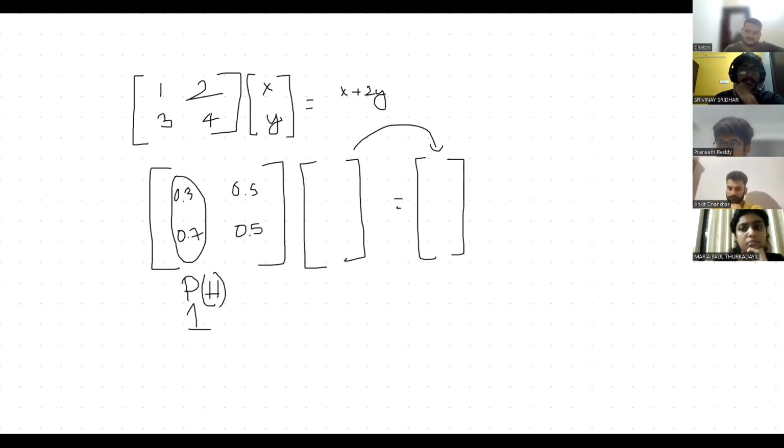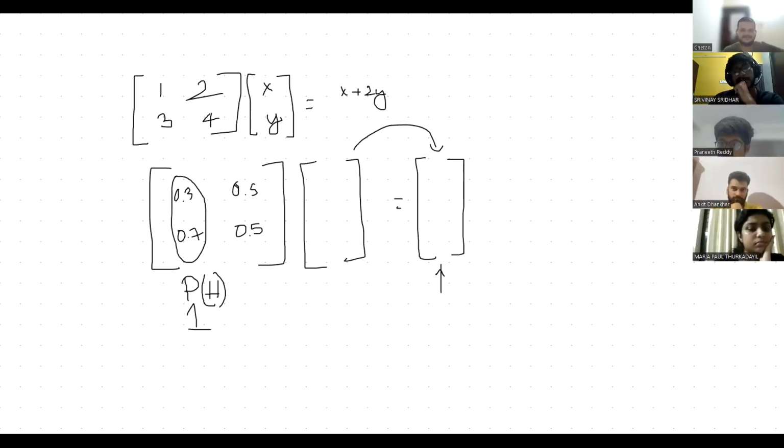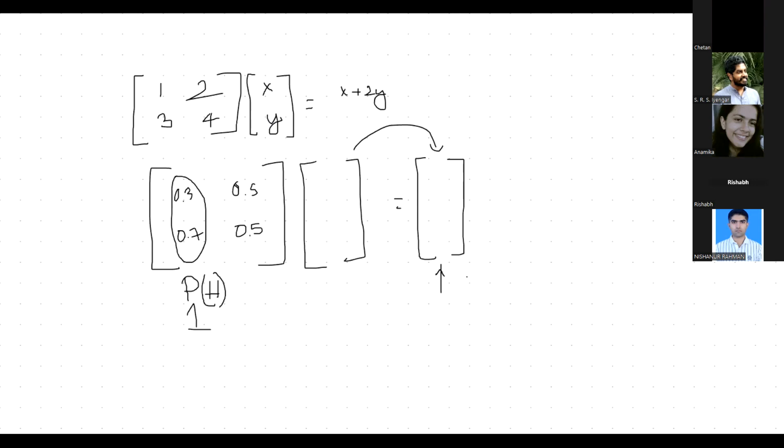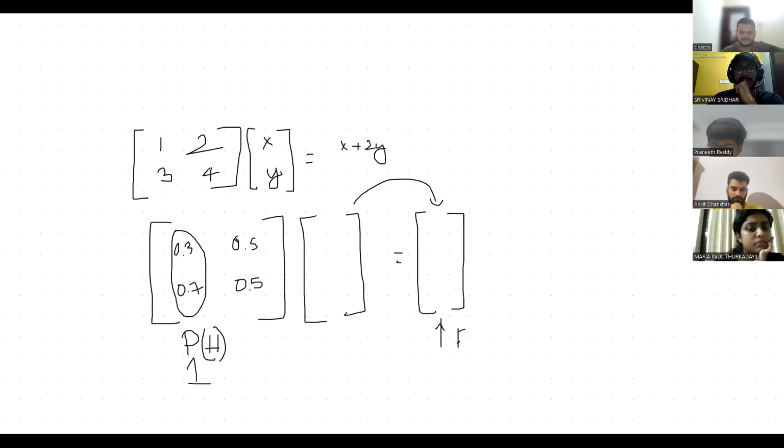This property of the matrix was helping us understand that if we keep inputting the output of the previous iteration as the input, we reach a stagnant point. How do you want to call it? Equilibrium point.